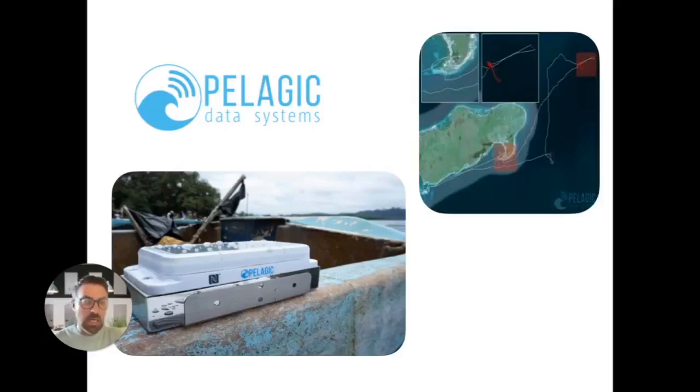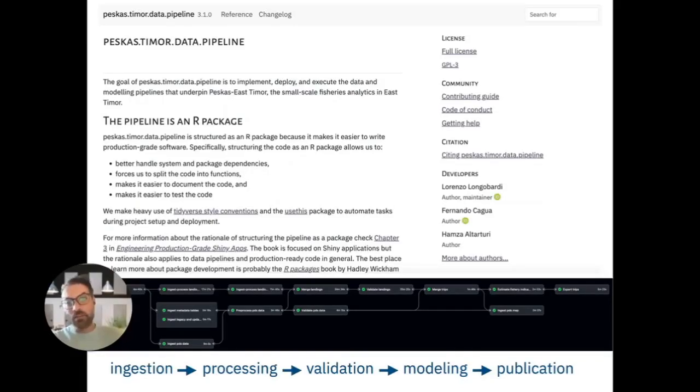And these main sources of data basically constitute the content of the dashboard that we are going to see in a moment. Before going into the dashboard, these data are managed by another package, the Peskas Timor data pipeline. It is a modular package that works in conjunction with GitHub Actions.